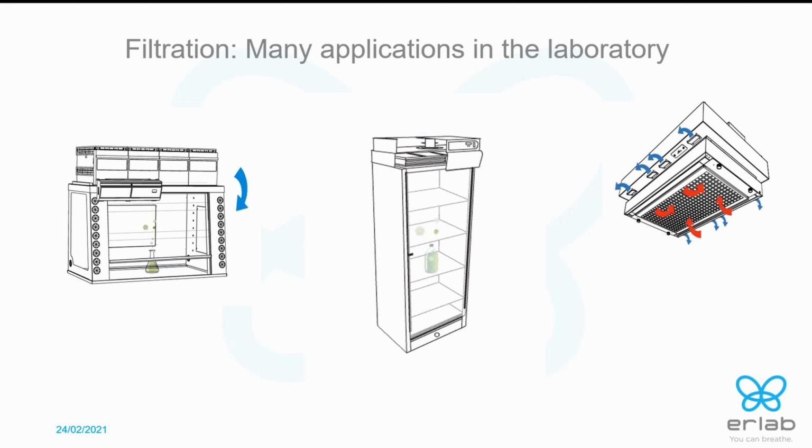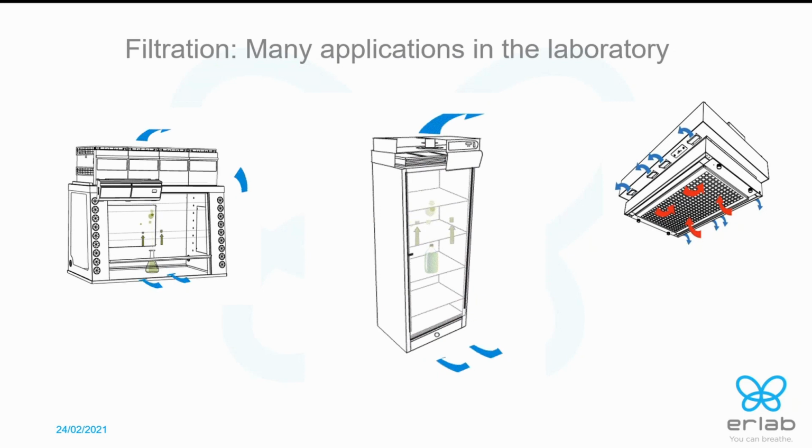Also, filtration is used for storage because the product, when it's not used, still continues to emit vapor, and it's a source of pollution in the lab, so it still needs to be treated. That's why ventilation for storage cabinet is one solution to treat the problem.